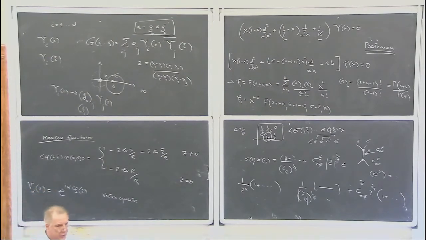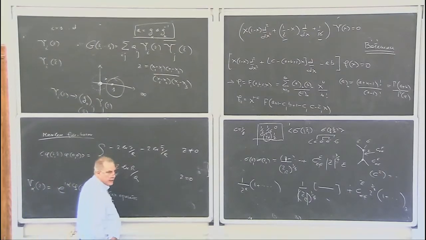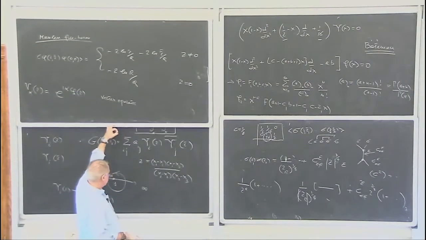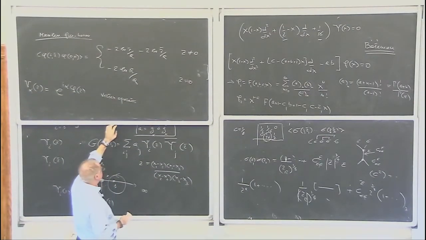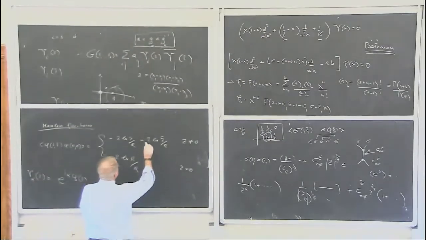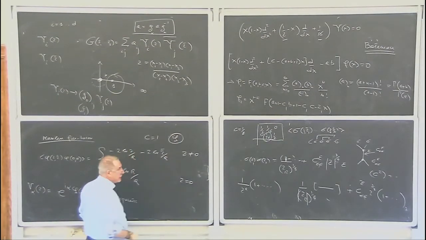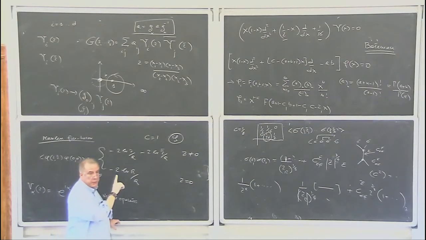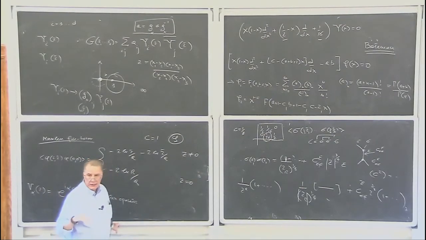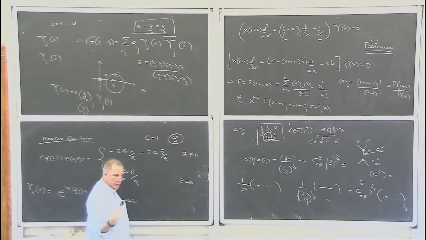You can make a puncture in a Riemann surface and insert the vertex operator. Since the theory is free, I'm talking about c equal 1, a scalar bosonic field. But I have to end up with my minimal models, which, remember, were 1 minus something. So I have to subtract some degrees of freedom.